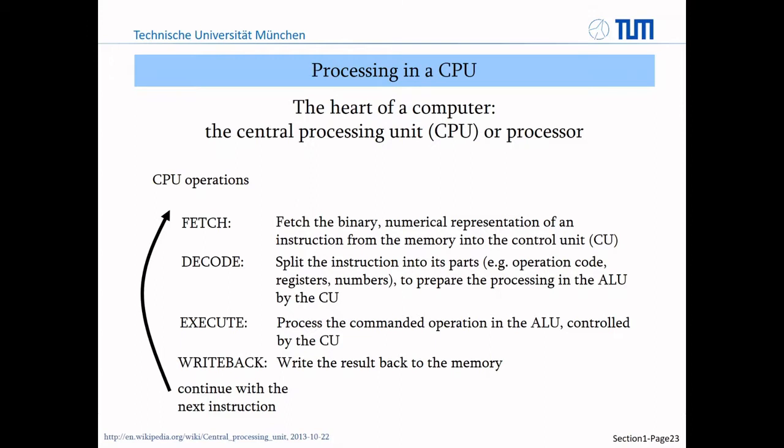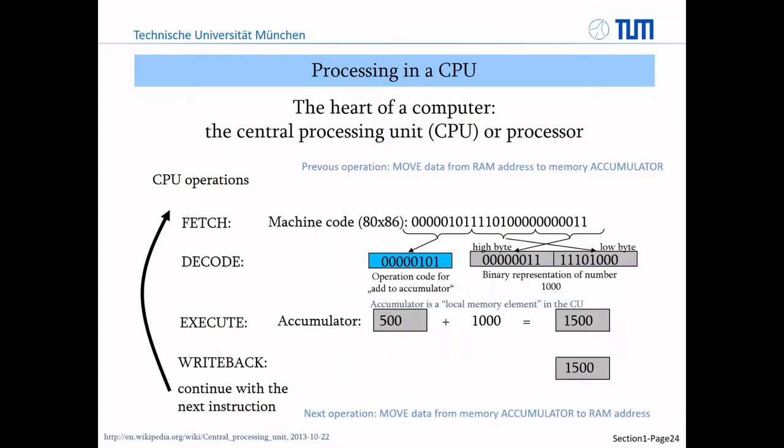And if you finish your processing, like with the ALU, what we did in our Logisim simulation, if you get a result, you have to write it back to the memory. And then you continue this. So you take the next instruction, you process it in the same way with fetching, decoding, executing, write back. And the next instruction, fetching, decoding, executing, write back, and the next, and so on.